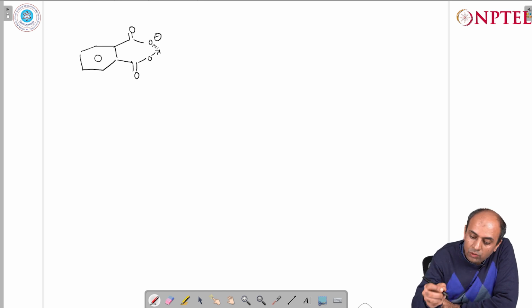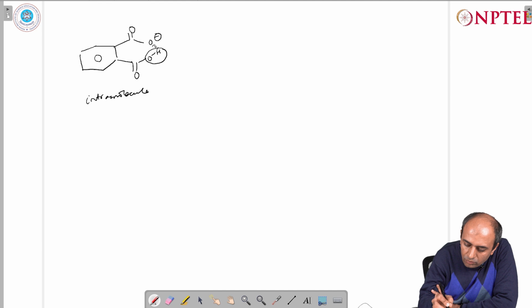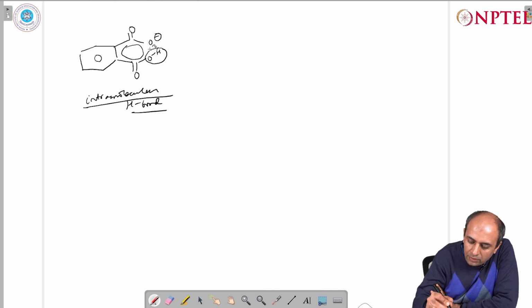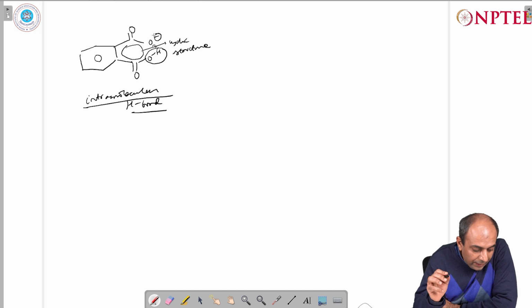In this case, we have got O minus and we have got this OH, which hydrogen bonds electrostatically with O minus. So there is an intramolecular hydrogen bond, which actually forms a cyclic structure, a loop in which the proton is effectively captured, forming the strong intramolecular hydrogen bond.